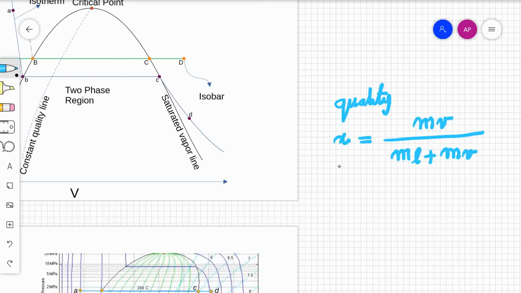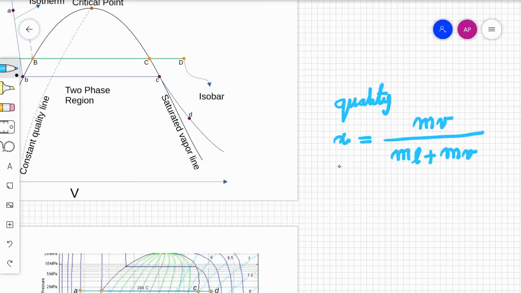So if we take a mixture which has both vapor and liquid, its mass is going to be ml plus mv. The ratio of mv upon ml plus mv is known as the quality. Now the constant quality line represents constant X in the two-phase mixture.